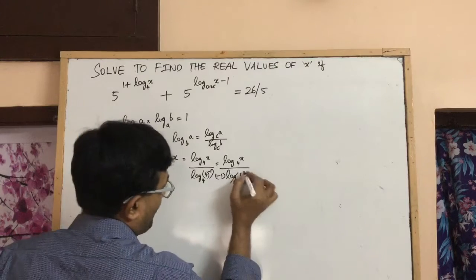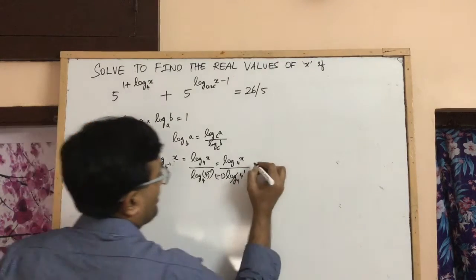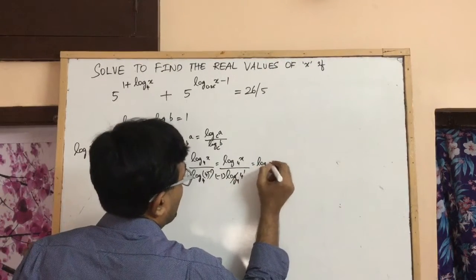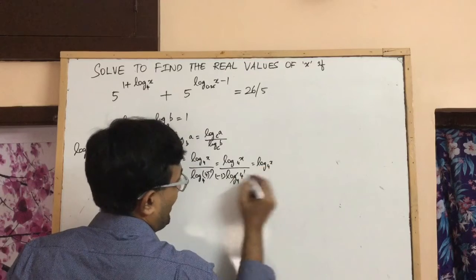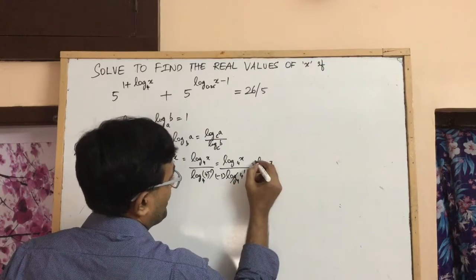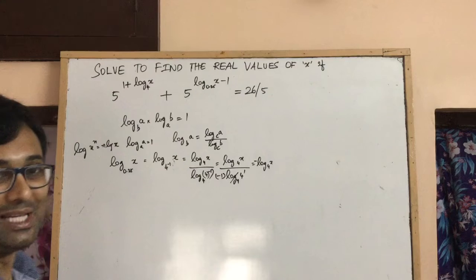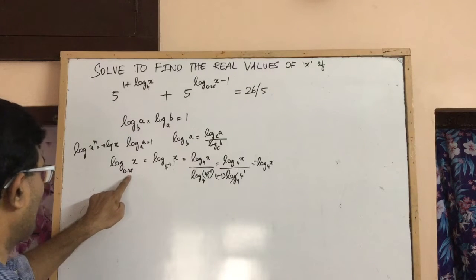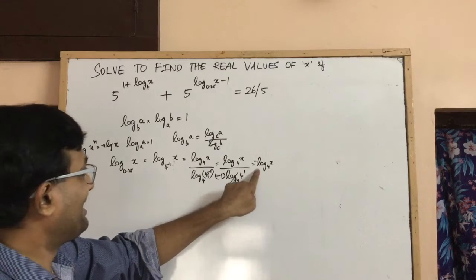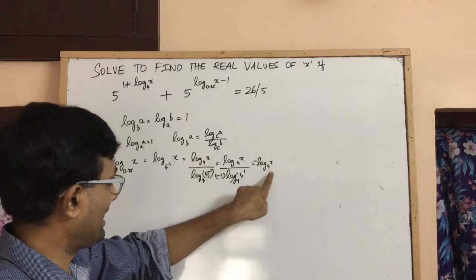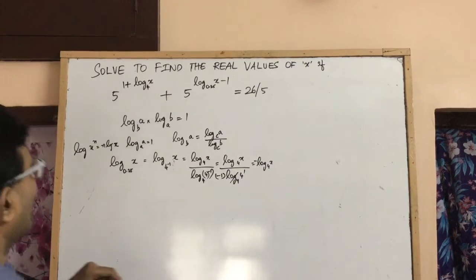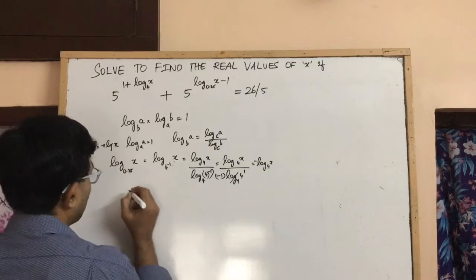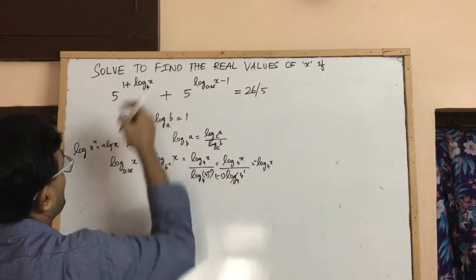Of course, log 4 base 4 is 1. So we could say that this is log x to the base 4 divided by minus 1 into 1. So this is simply minus log x to the base 4. Or in other words, log x to the base 0.25 is nothing but negative logarithm of x to the base 4. So let's work this out here.